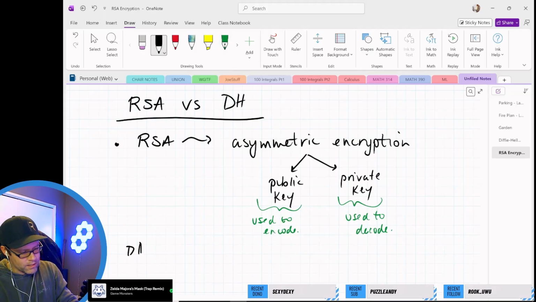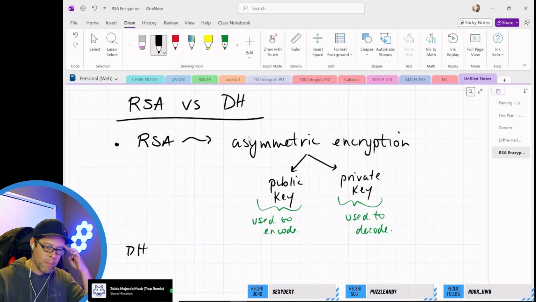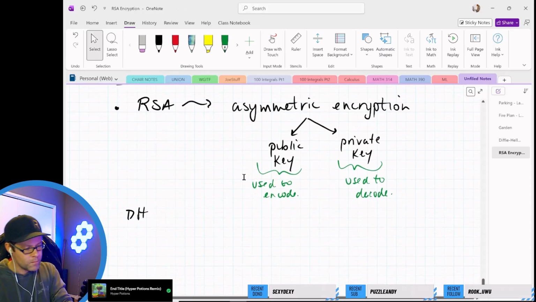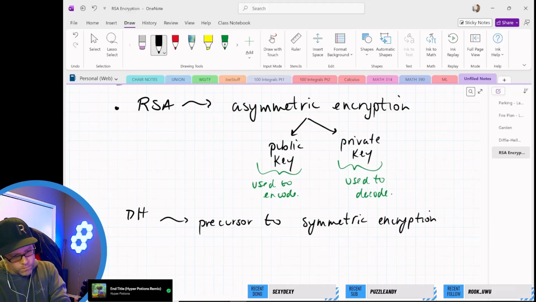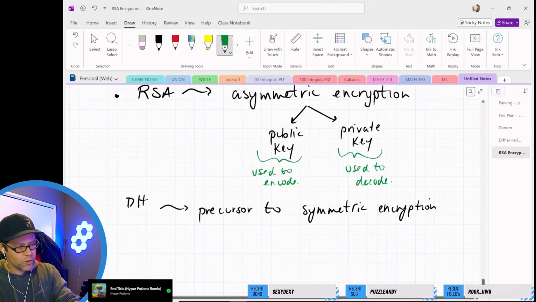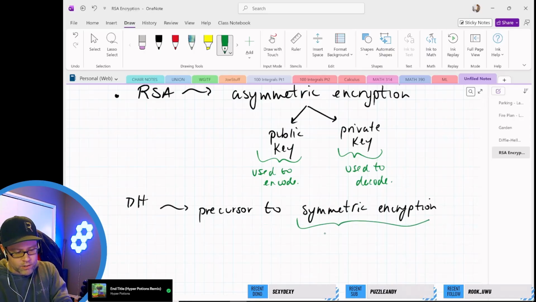Whereas something like Diffie-Hellman is a precursor to what we call symmetric encryption. And in symmetric encryption, there's one shared private key, one shared secret key.